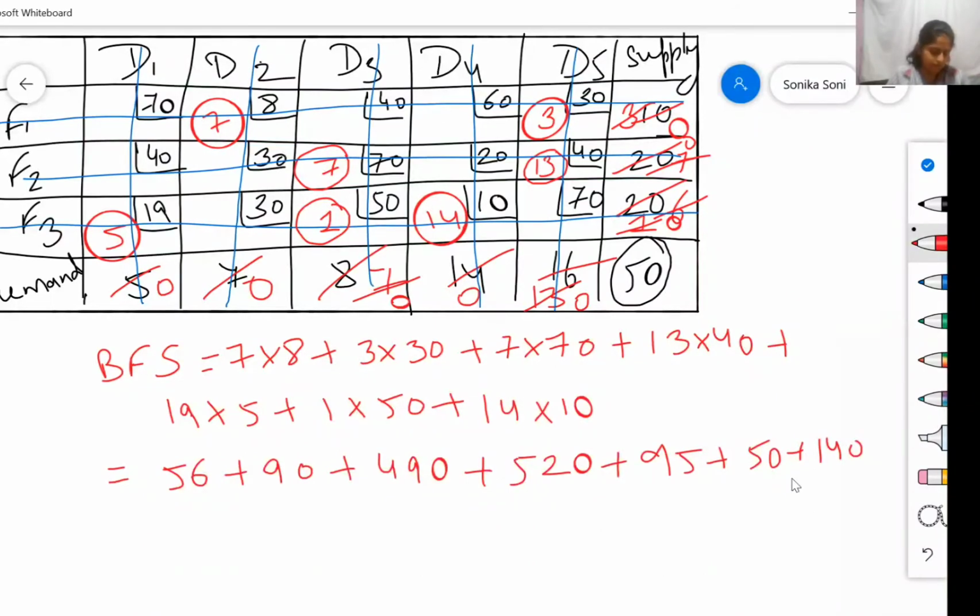So when we add all this, 56 plus 90 plus 490 plus 520 plus 95 plus 50 plus 140 is equal to 1441 rupees, which means the total transportation cost for this problem, which we did in the least cost method, is 1441.